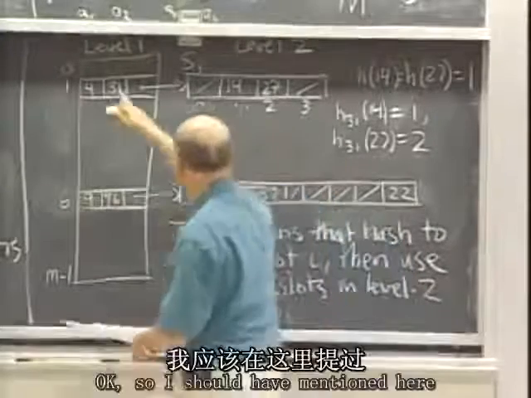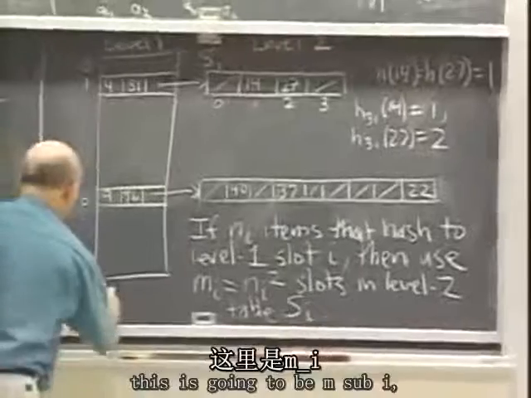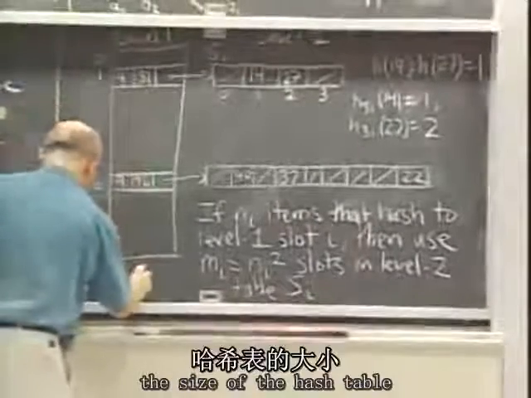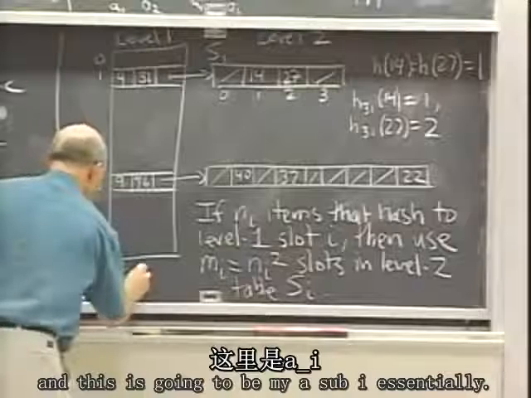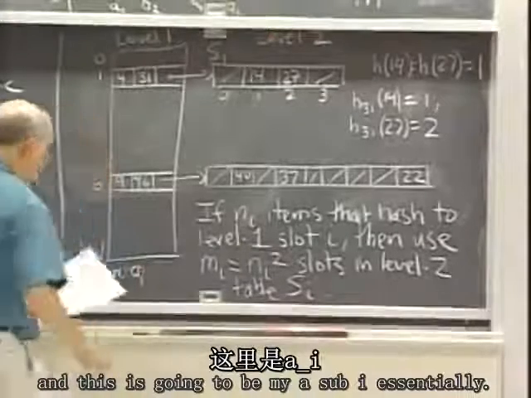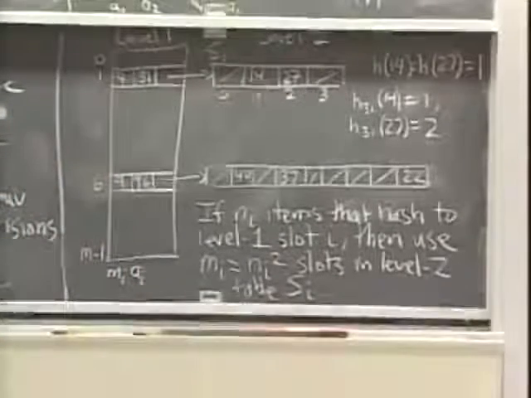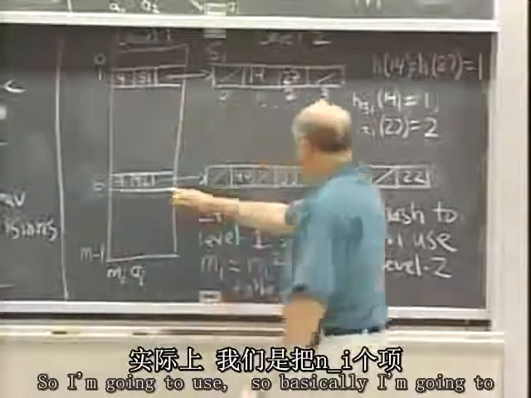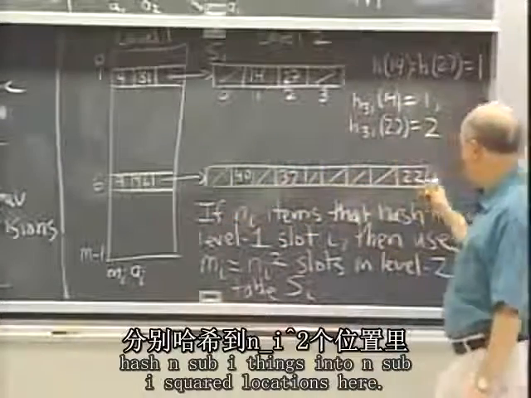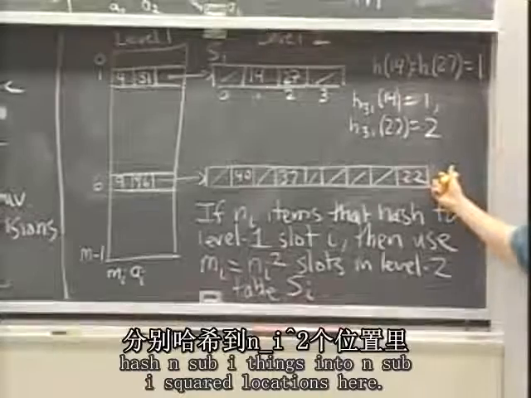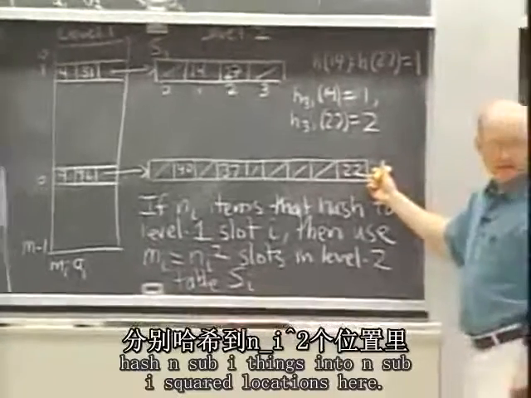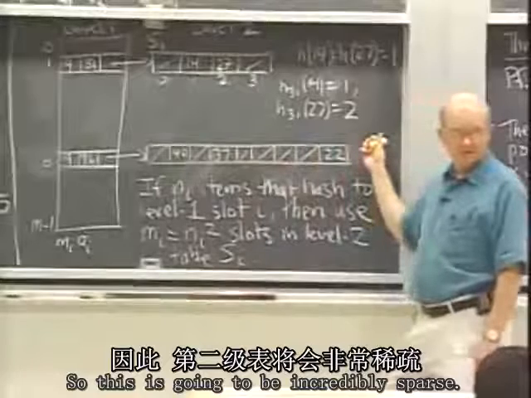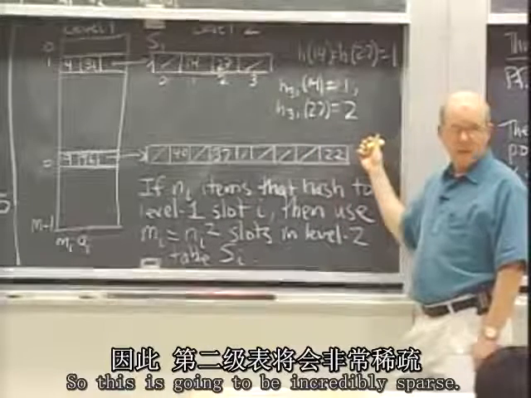Okay, so I should have mentioned, this is going to be m sub i, the size of the hash table, and this is going to be my a sub i, essentially. So I'm going to hash n sub i things into n sub i squared locations here. So this is going to be incredibly sparse. Okay, it's going to be quadratic in size.